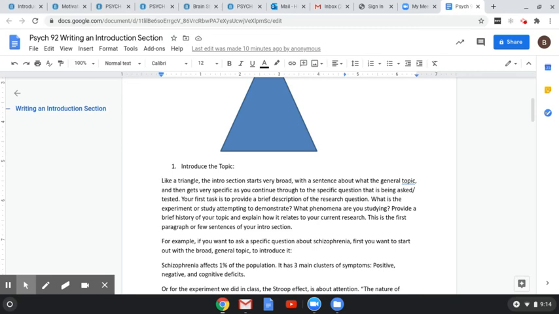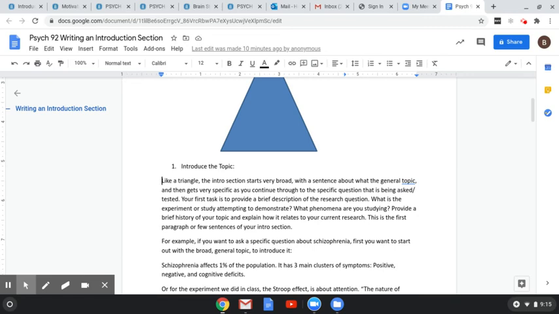So like a triangle that's upside down, the introduction section starts very broad with a sentence about just generally what the topic is. And then it gets very specific as you continue through to the specific question that's being asked or tested. So your first task here to start out the introduction section, which basically starts out the paper, is to provide a brief description of our research question. So these are the things that you'd ask yourself.